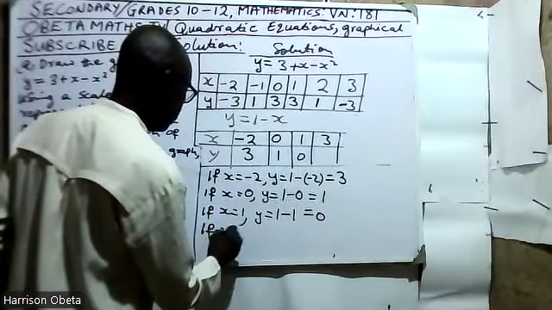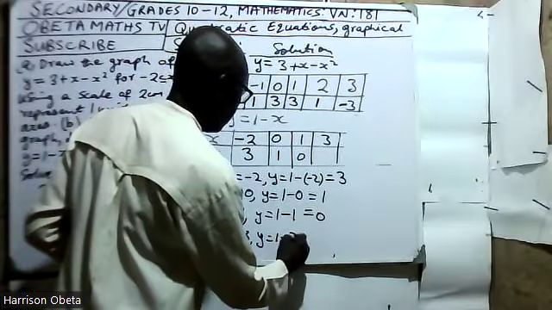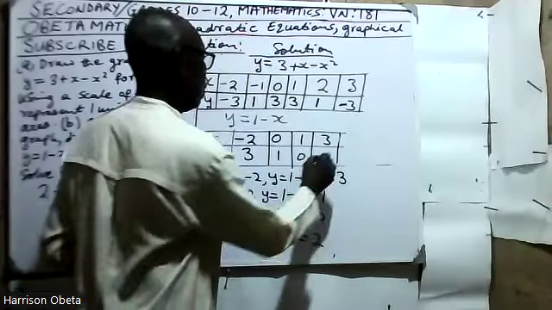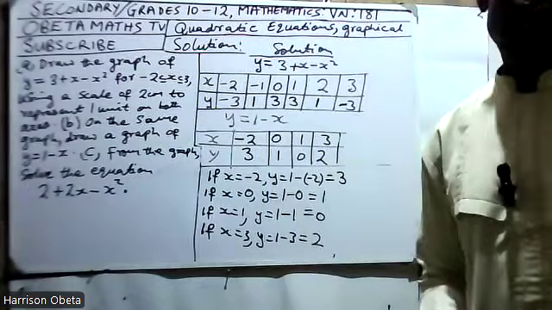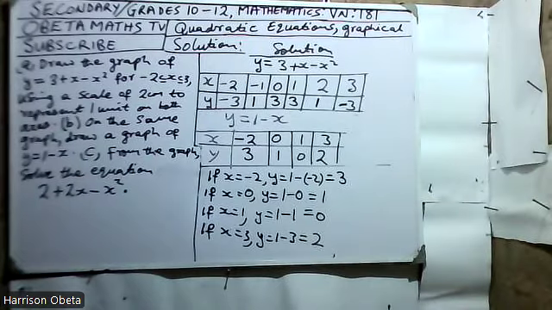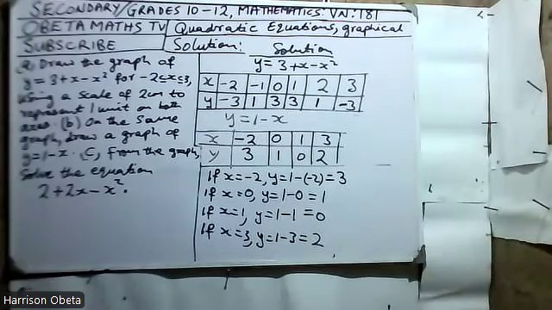If x equals 3, y should be equal to 1 minus 3, and that is minus 2. So we have also succeeded in filling the table of values. 0 is 1, 1 is 0, and 3 is minus 2.